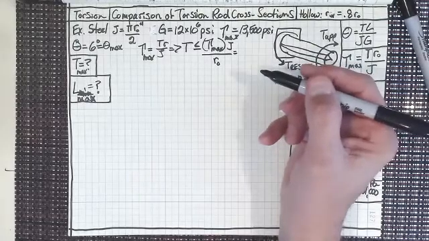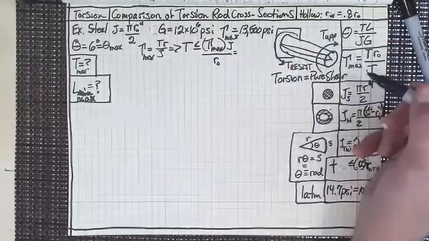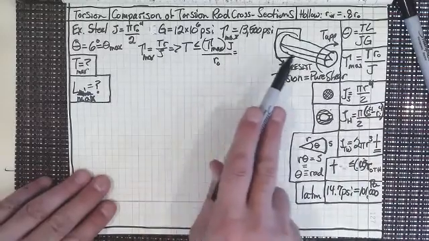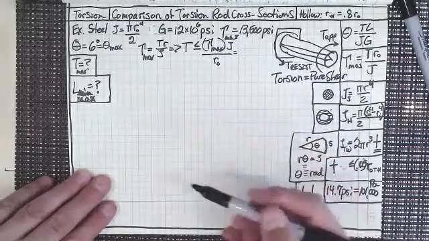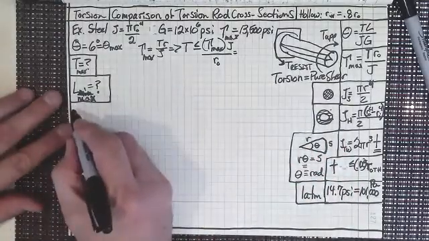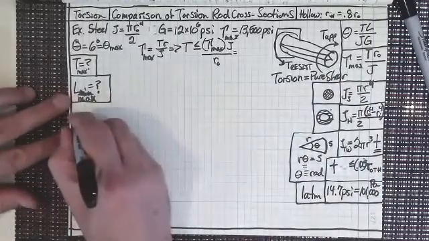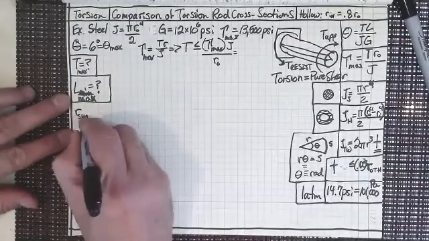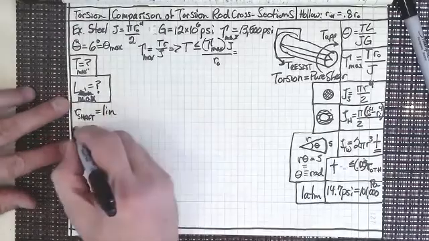We've got tau max, and what I forgot to give you was the radius of this, which is, of course, going to make a big difference. The radius of the shaft is just going to be 1 inch. So the radius of the shaft equals 1 inch.